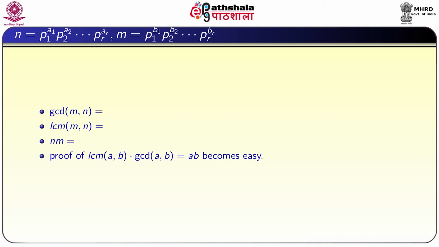You are invited to find this out. Also try to find out the LCM of m comma n and the product of n into m, that is quite obvious. And the proof of LCM of a comma b into GCD of a comma b is equal to ab also becomes easy now, once we have a prime factorization for n and m.